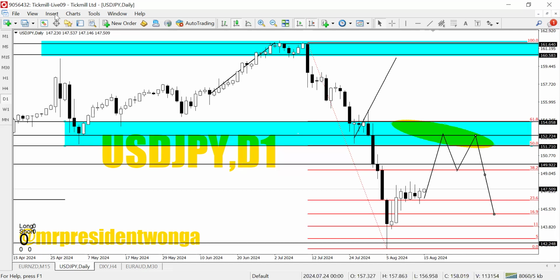So this area is my demand level. In this area, chances are the market can form something like a head and shoulder pattern in these levels.